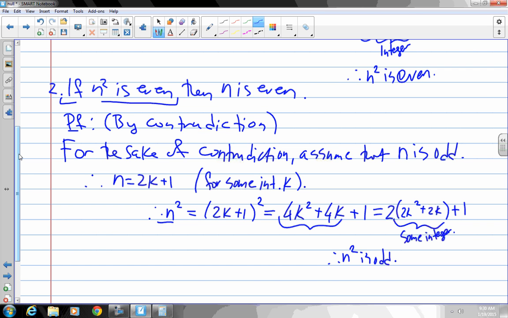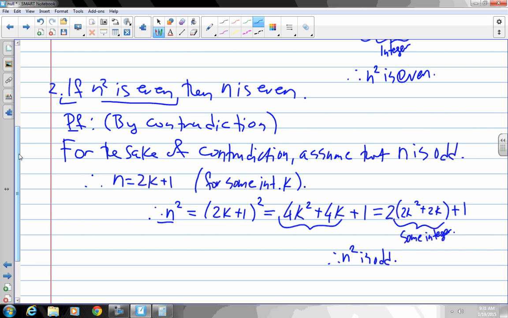Have we reached the contradiction? It's given to me that n squared is even. So that contradicts whatever was given to me. So therefore, my assumption was wrong. n is not odd, so n is even.